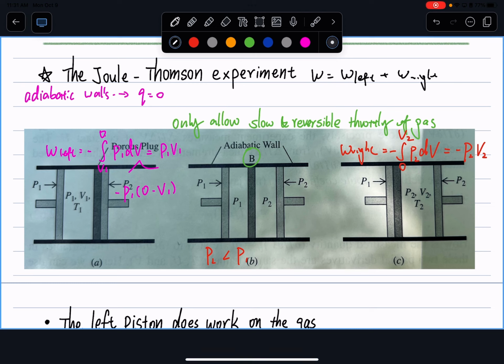And our delta U, by definition, is the change of internal energy, the difference between the internal energy at condition 2 and condition 1. So that's U2 minus U1. Moving the terms a little bit, let's put 2 with 2 and 1 with 1. We have P1 V1 plus U1 equals U2 plus P2 V2.